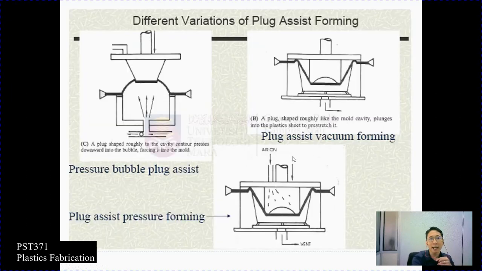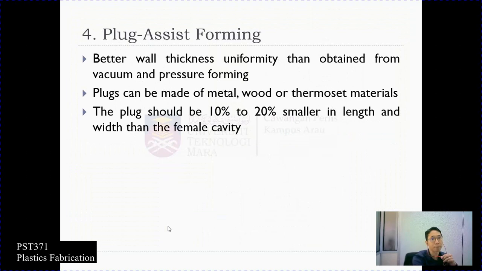Okay, other than that, for plug assist we also have pressure bubble plug assist vacuum forming, and plug assist pressure forming. Tapi sama juga dia masih kita panggil plug assist forming. These are the derivations of the plug assist from other techniques of thermoforming.